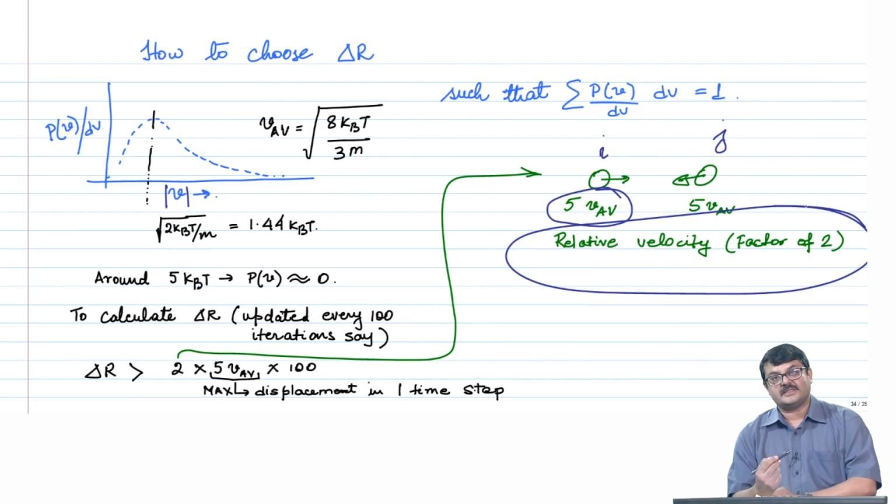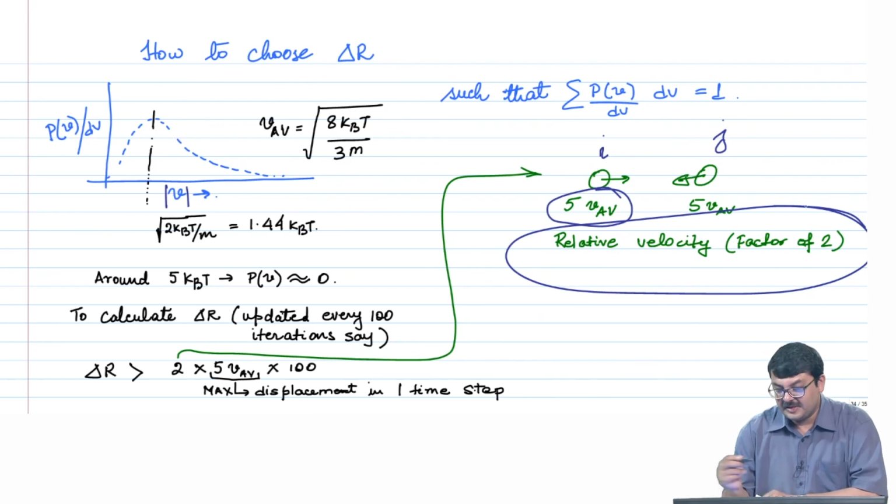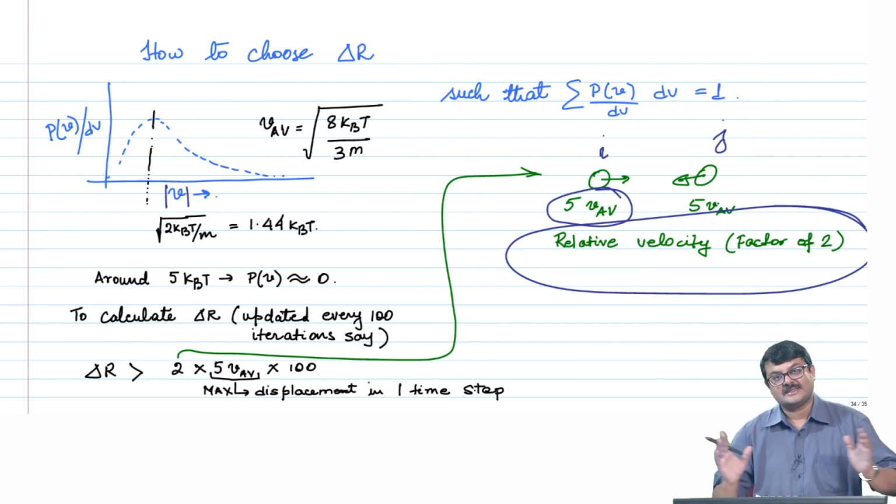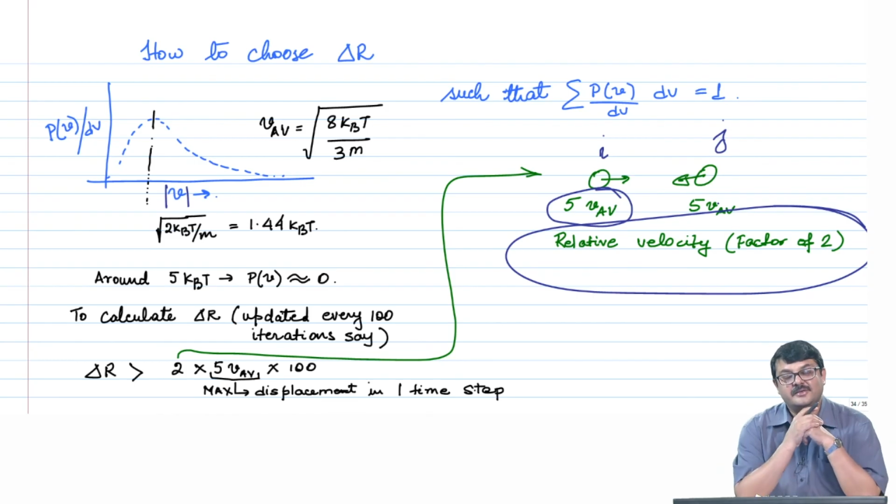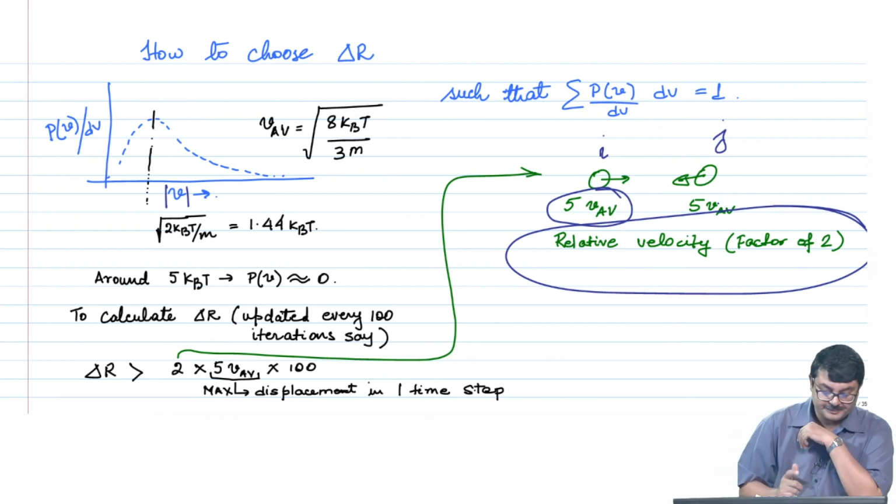In 100 iterations, what is the maximum change in relative positions that can happen?